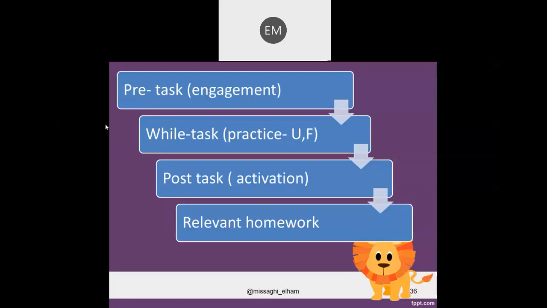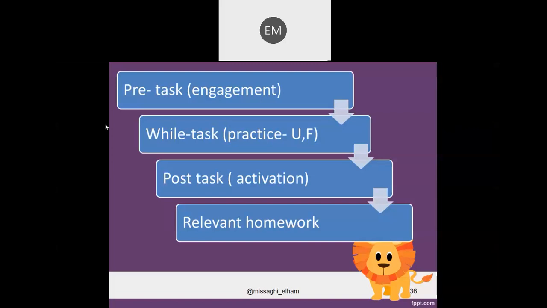So while I'm doing something right now, I said, I am drinking, or I am writing, because it's happening right now. So in the while task, when we practice, we work not only on the form, but also on the usage and meaning. So put them in the context, they practice, and you monitor them as a teacher.